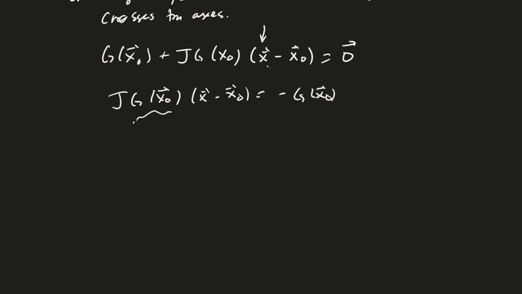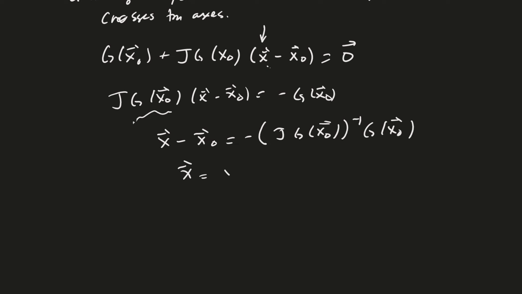I have to be able to invert the Jacobian matrix. Right, and so then x is equal to x0 minus the Jacobian matrix inverted times g of x0.